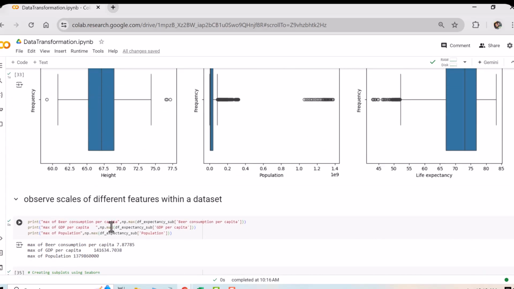So this is just to check. Although we have checked through the describe method that the maximum of beer consumption is this and population is this, and so the scale is entirely different for them.